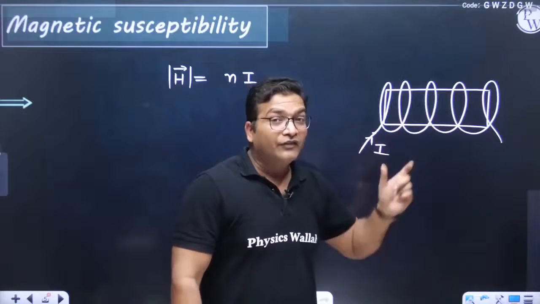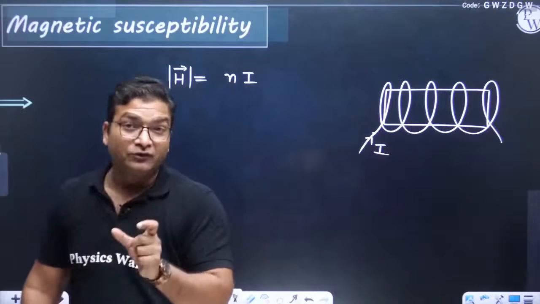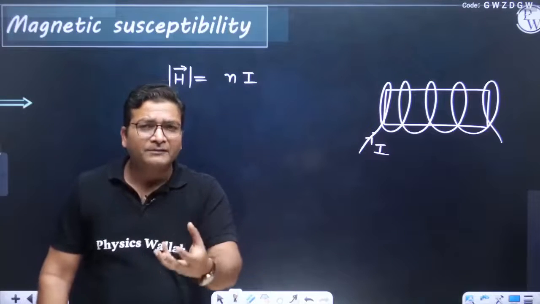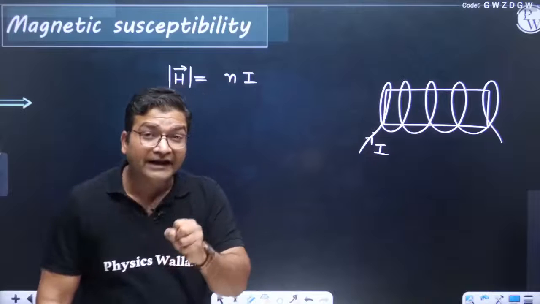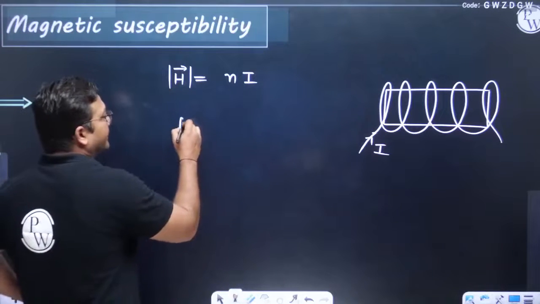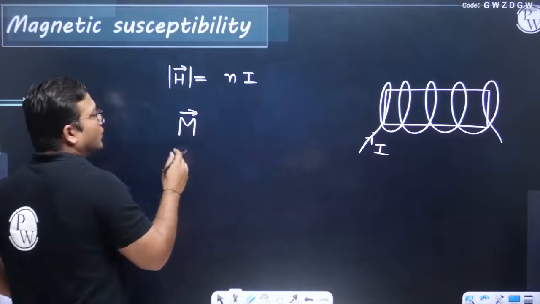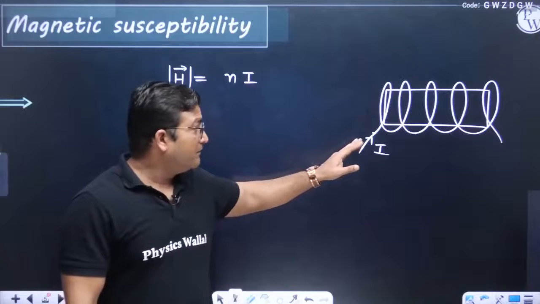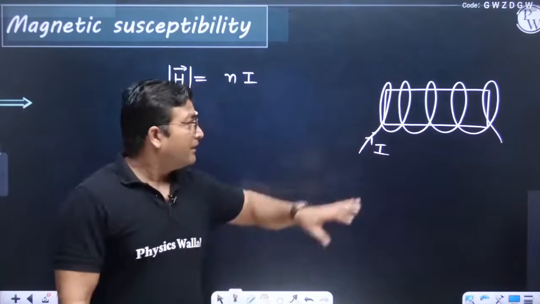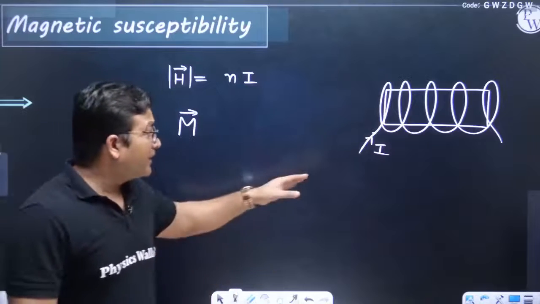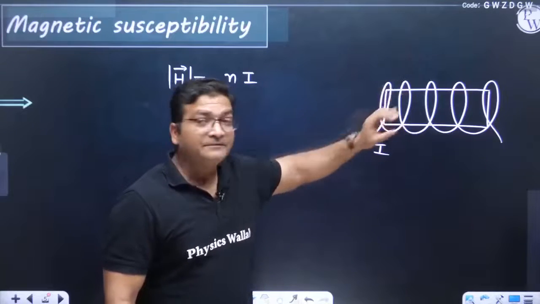This medium now gets some magnetic moment, and the magnetic moment per unit volume is called intensity of magnetization. Who generates this magnetization? If we don't make the current flow, the material will not be magnetized. If current is flowing, the material is magnetized.